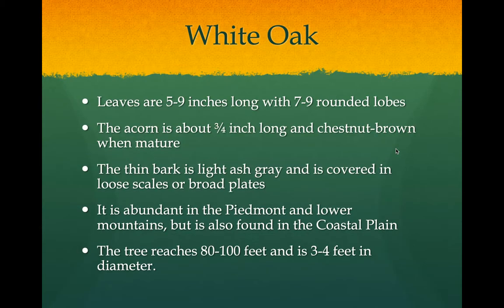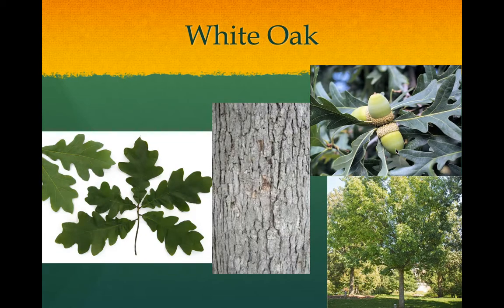One is the white oak. There is another oak on the list, but this one doesn't look anything like the southern red oak because it's rounded. The southern red oak, if you go back to that turkey foot oak we looked at a couple of slides ago, had pointed lobes with kind of bristle tips on the end, whereas this is going to be more of a rounded lobed leaf.